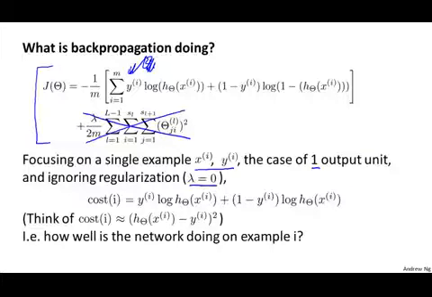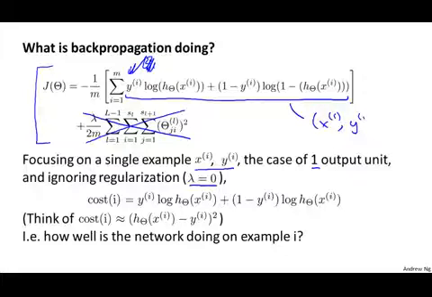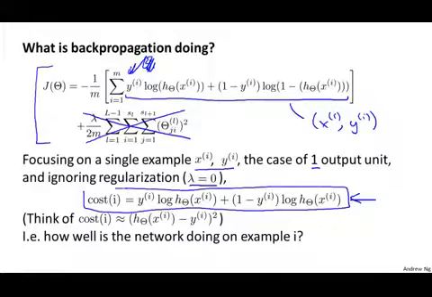Now, if you look inside this summation, you find that the cost term associated with the ith training example, that is the cost associated with training example x^(i), y^(i), is going to be given by this expression. The cost of training example i is written as follows. And what this cost function does is it plays a role similar to the squared error.